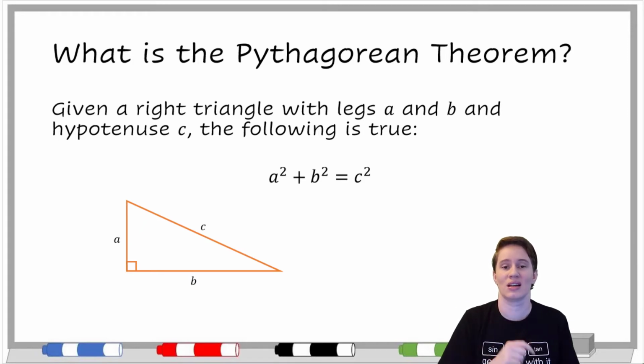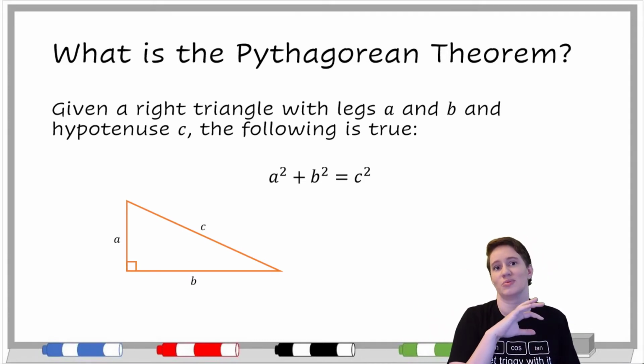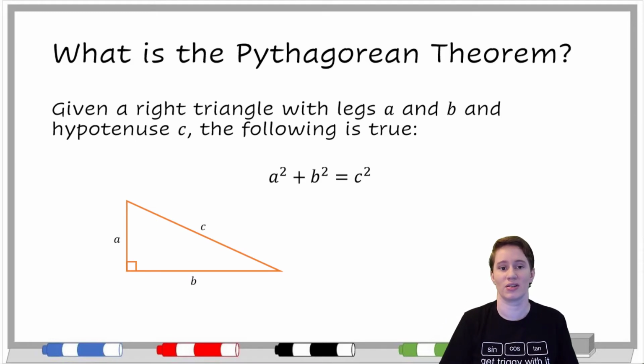So the right angle has to be the biggest angle, and the side across from it has a special name, the hypotenuse. The other two sides are called legs. I don't know why, but that's what they're called.